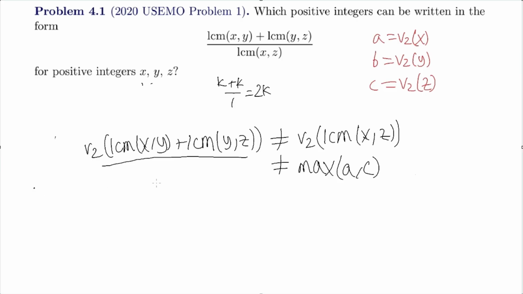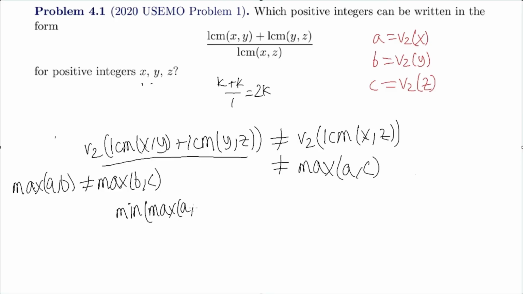If we write this in terms of a, b, c, this translates to max of a, b is not equal to max of b, c. Then what this becomes is min of the max of a, b and max of b, c is not equal to the max of a, c. And we want to prove this given this here.